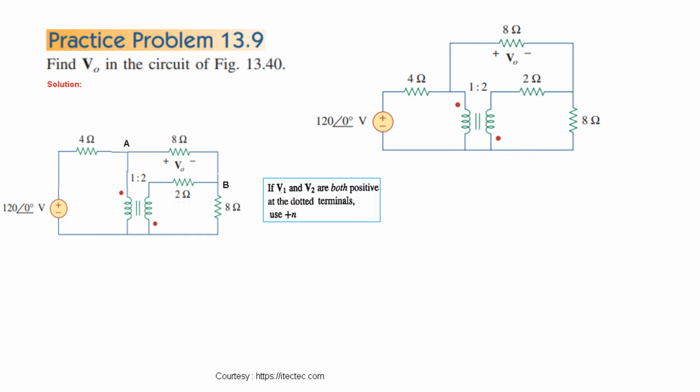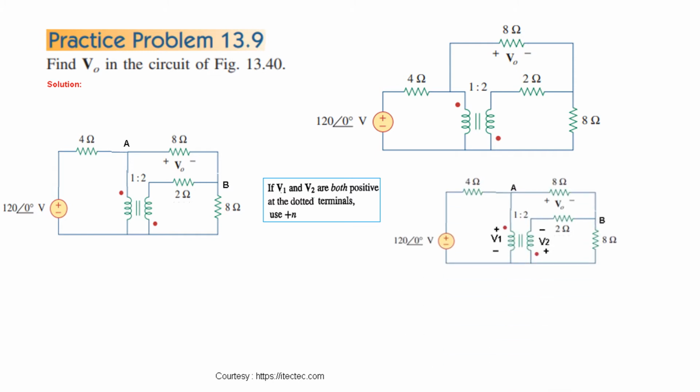Here I have written V1, and its positive sign is at the dot. Here I have written V2, and its positive sign is also at the dot. So the relation between the two will have a positive value instead of a negative one.